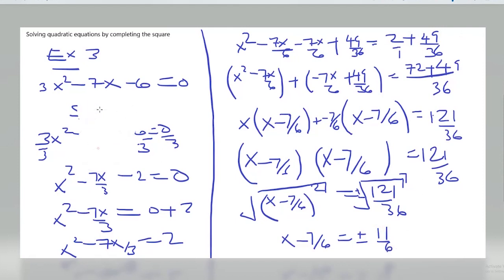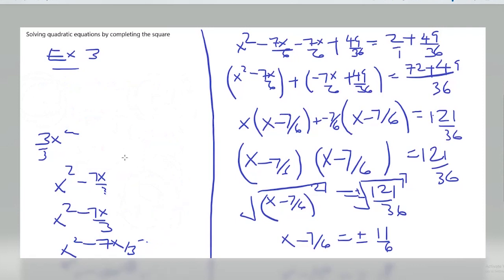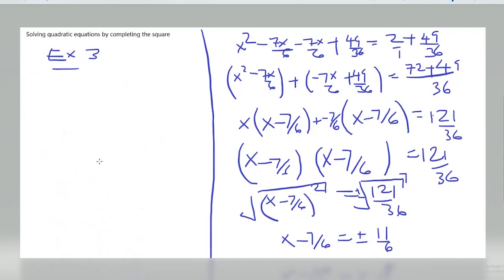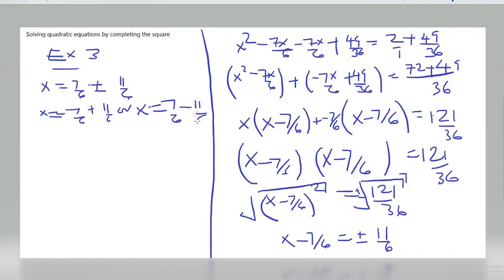Now, by finalizing this, x will be equal to 7 over 6 plus or minus 11 over 6. Okay, then x will be equal to 7 over 6 plus 11 over 6, or x will be equal to 7 over 6 minus 11 over 6.